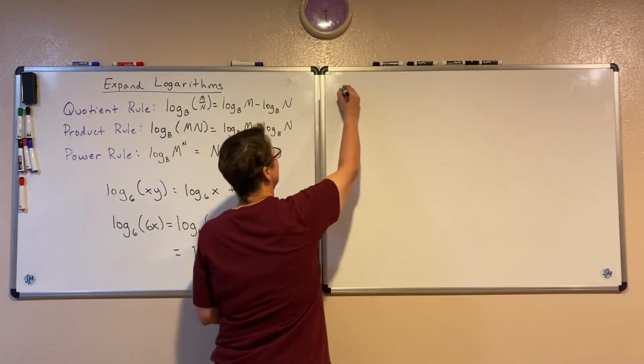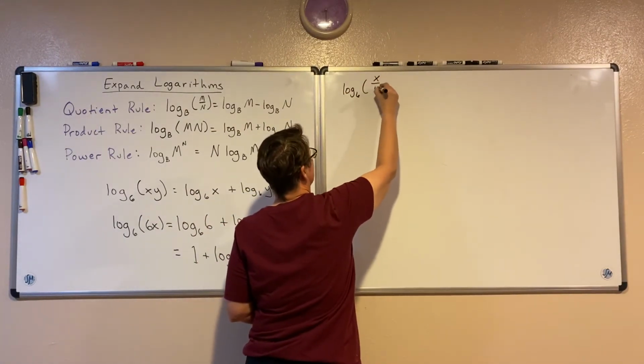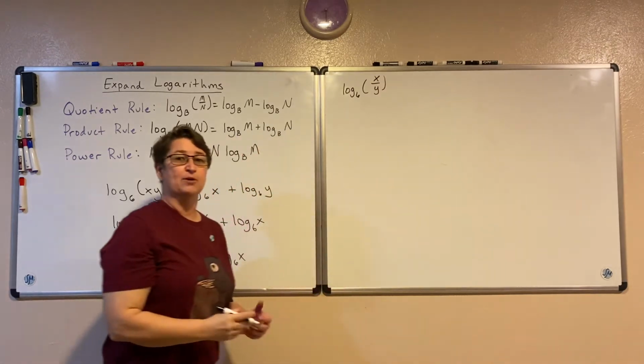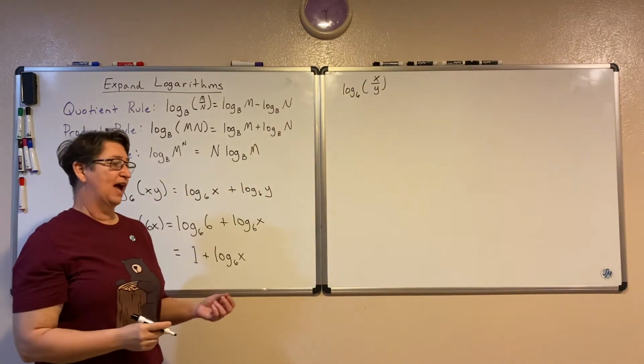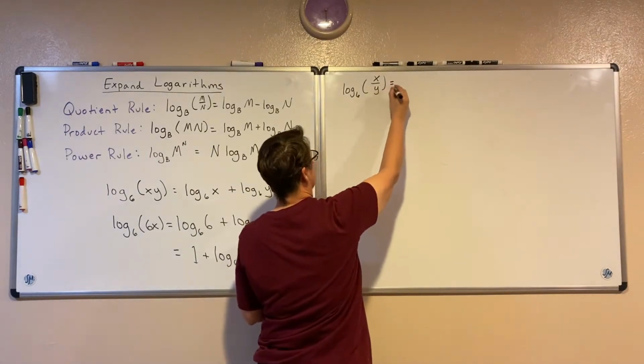Another example, we have log base 6 of x divided by y. This time, I'm going to use my quotient rule because I have two things dividing inside my argument.